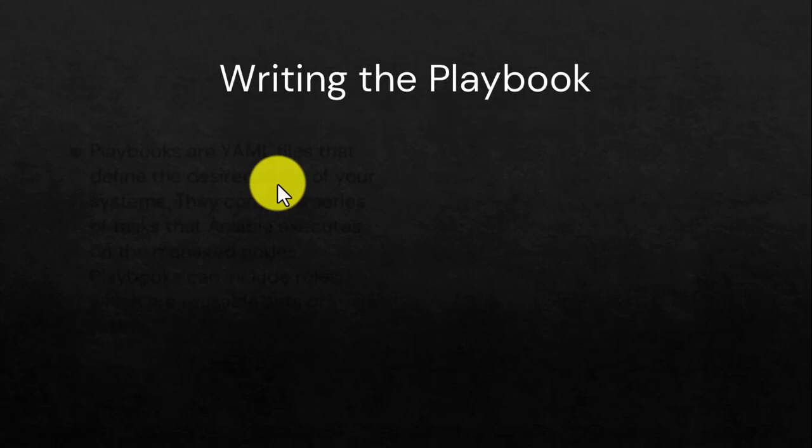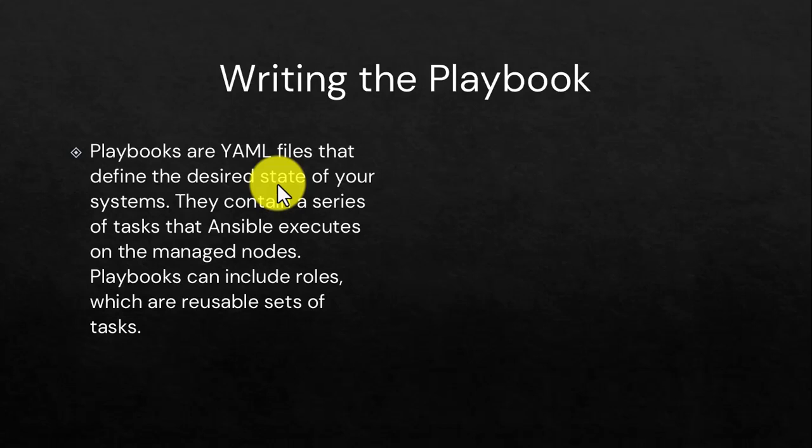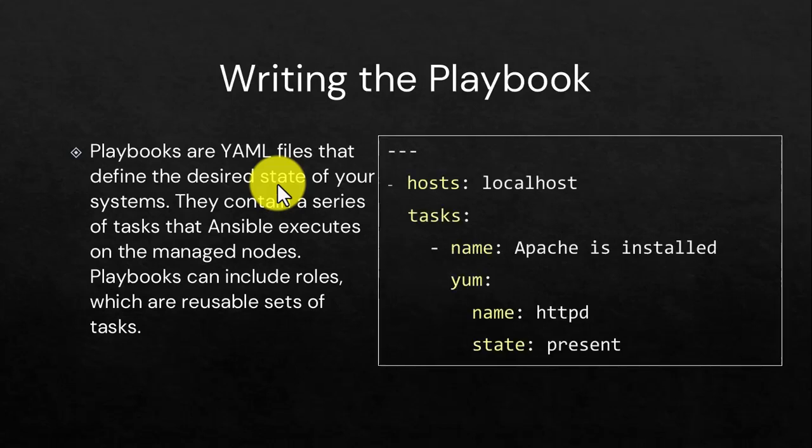Writing playbook. Playbooks are YAML files. YAML means yet another markup language, which is a human readable file. It's a sample of an Ansible playbook where Apache is installed by this playbook.